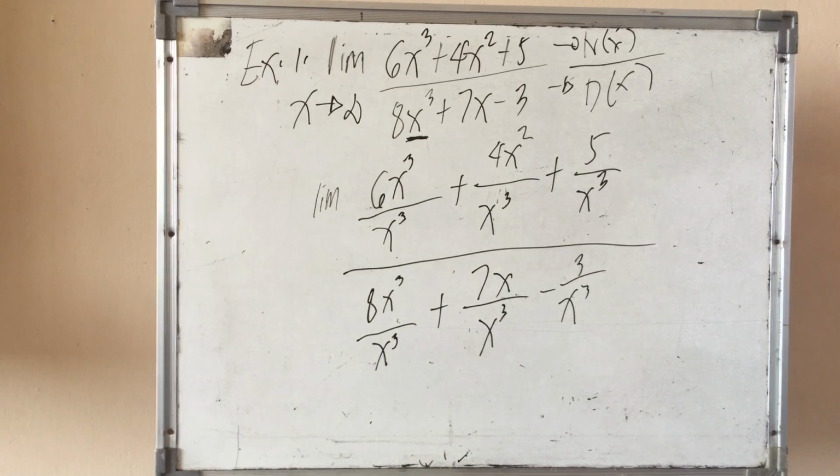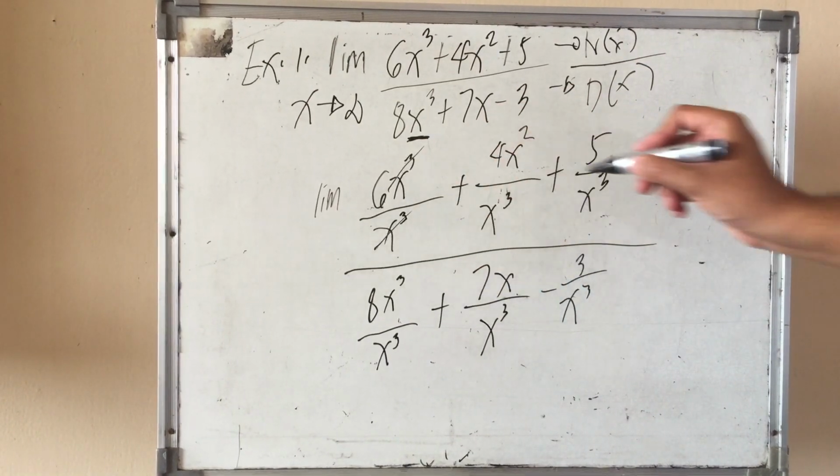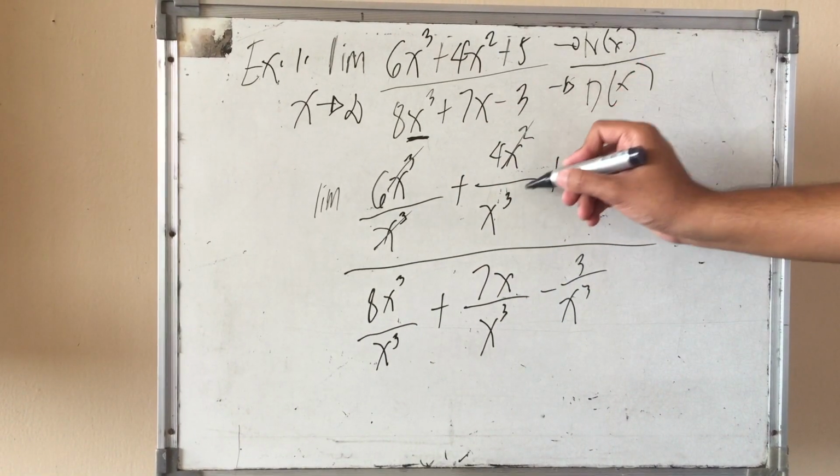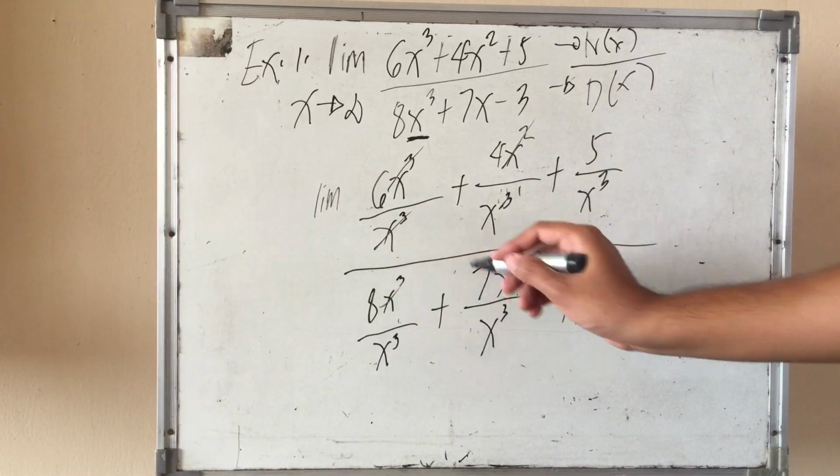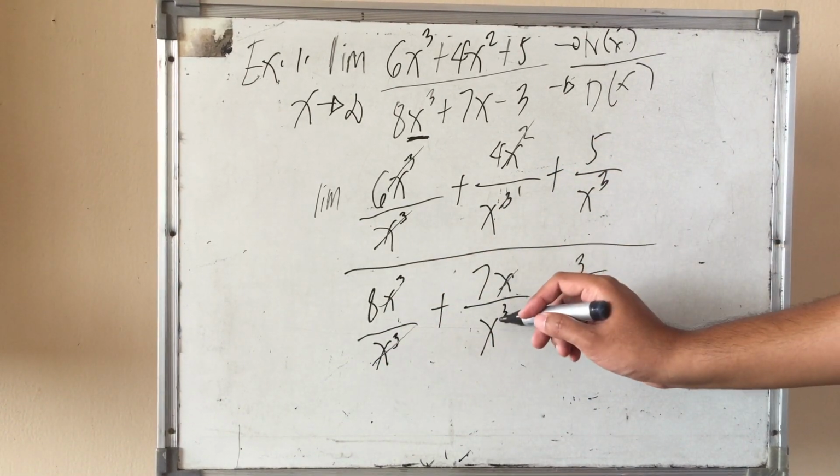Then cancel out x cubed, x cubed, x squared, x squared, x cubed, x and x.